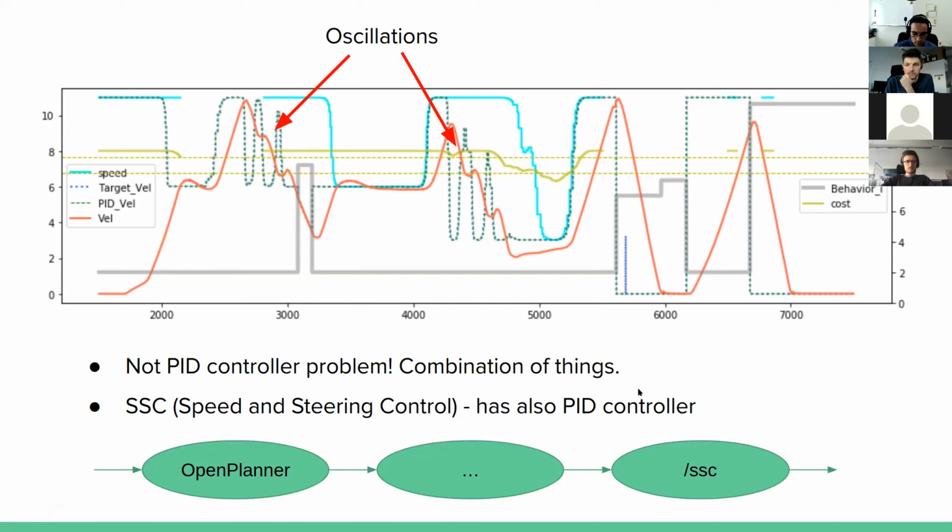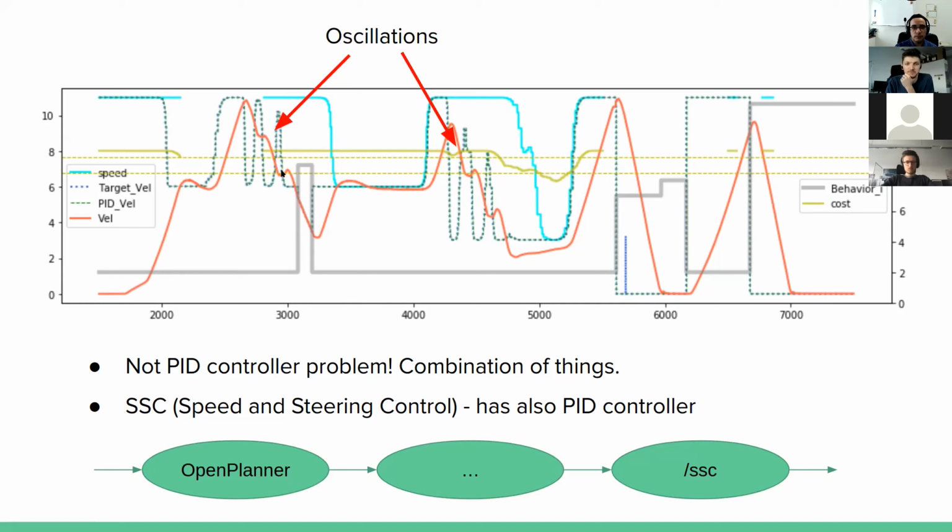And then when we started running it with two PID controllers simultaneously, we were really in trouble, as you see these oscillations here. They started to interplay with each other.